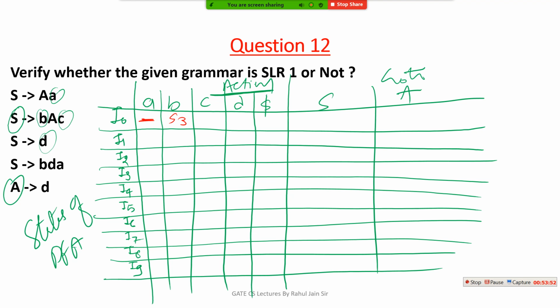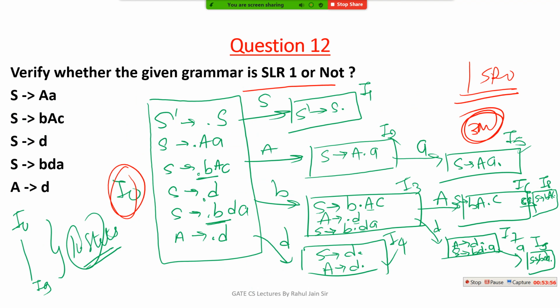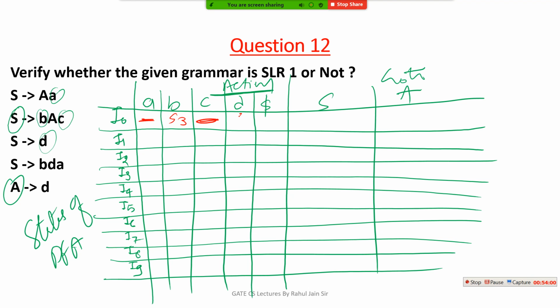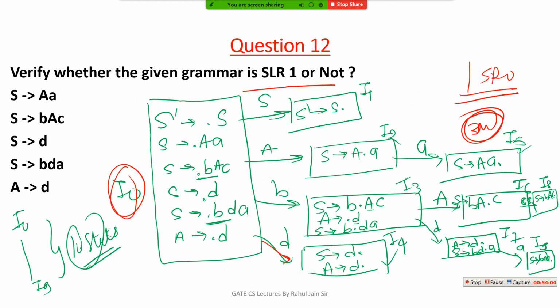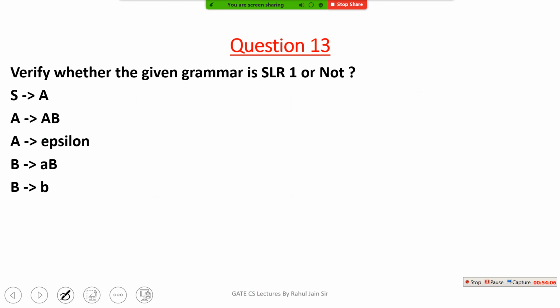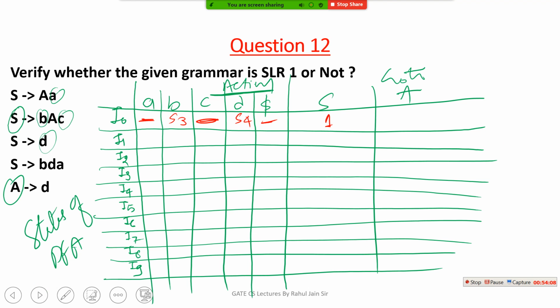On small c, nothing is there, leave it blank. On small d, shifting to 4, so S4. On dollar, leave it blank. On capital S, I1. On capital A, I2. So it is my I0 state's entry in the parsing table.